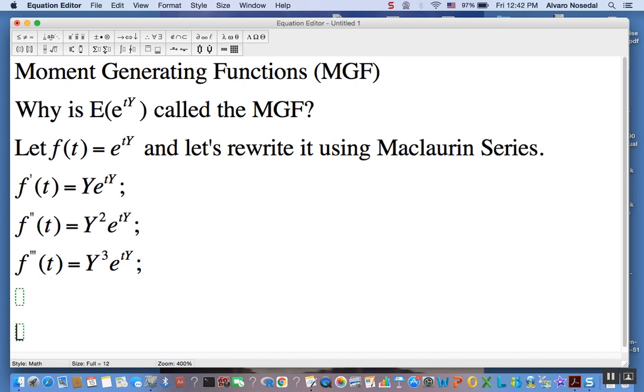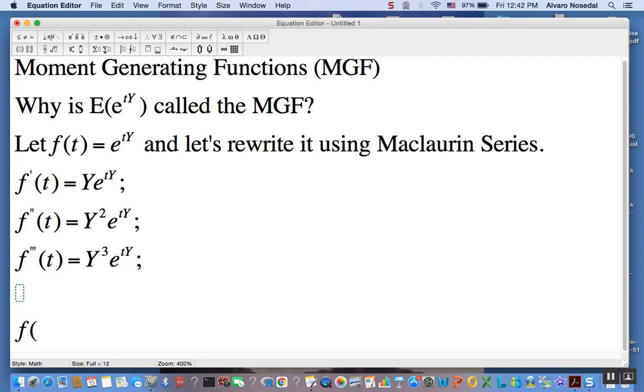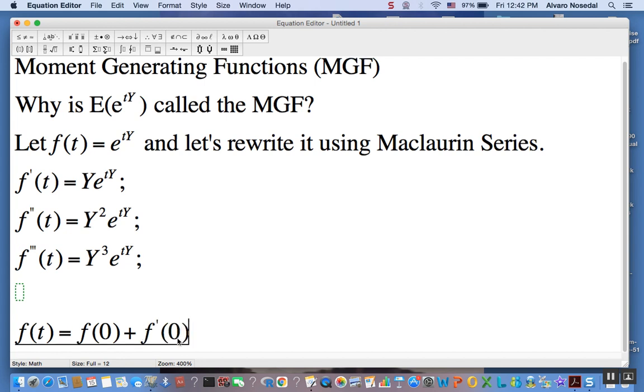So now let me rewrite f of t using a Maclaurin series, and I'm going to remind you what that Maclaurin series looks like in general for a function f of t. We need the first derivative evaluated at 0 times t, where t is the variable we are using here.